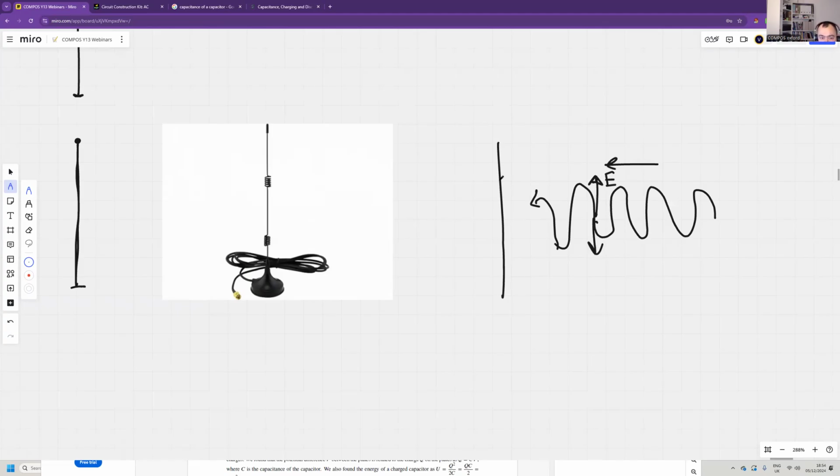It will move electrons in the antenna up and down. So it will produce an oscillating current in the antenna in the up and down direction. But if the polarization is horizontal, it will not produce a current in the antenna. So that's why, if you want to receive horizontally polarized waves, you have to have a horizontal antenna.